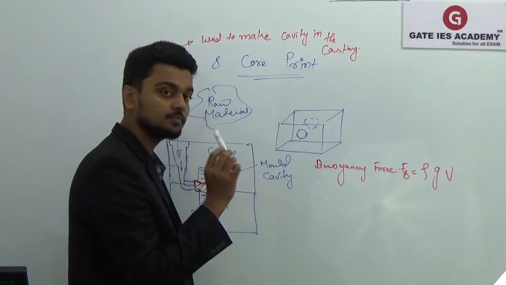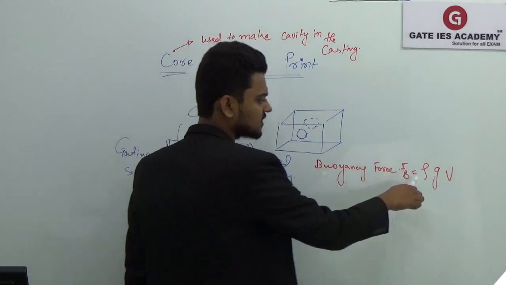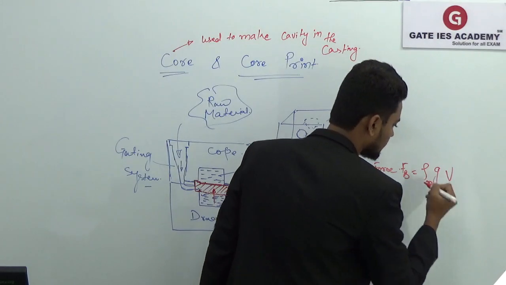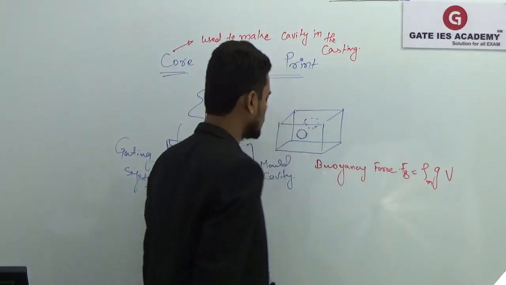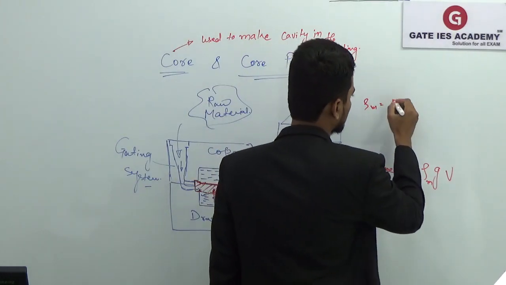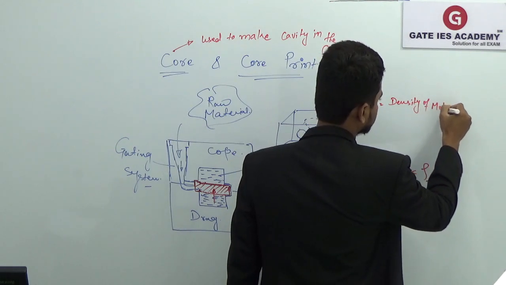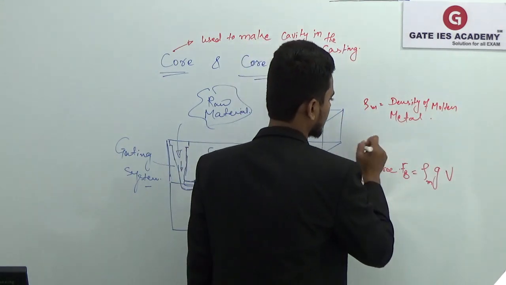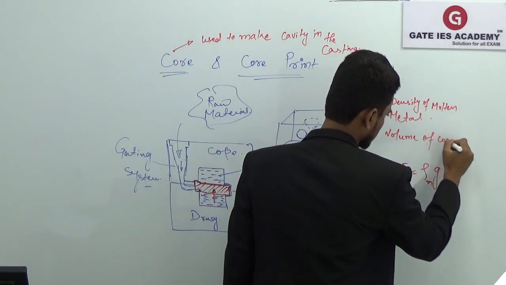It is the density of your molten metal, so rho_m is the density of molten metal, g is the acceleration due to gravity, 9.81, and V is the volume of the core.